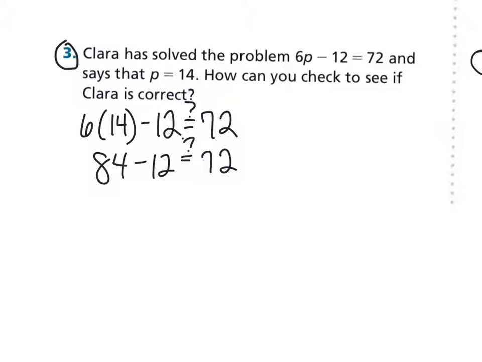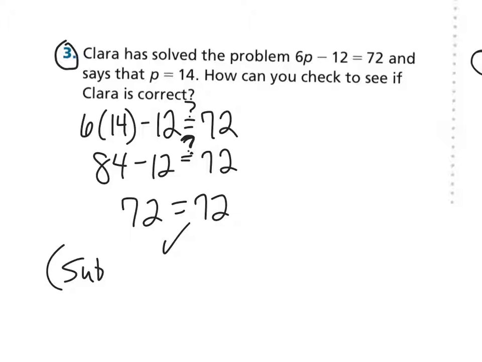I'm putting a question mark here because it's a question of whether these actually are equal or not. And that would be 72, so that works. So that means that she is correct. So that would be basically saying we would substitute 14 for p.